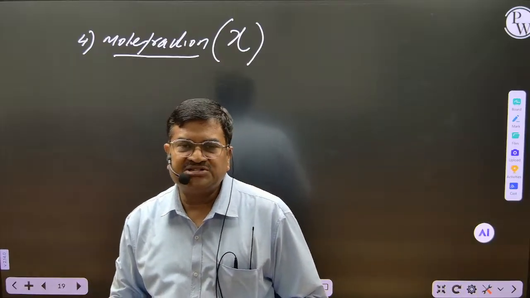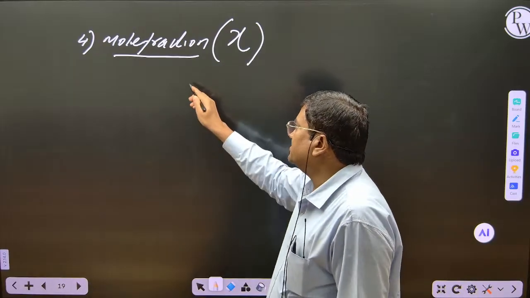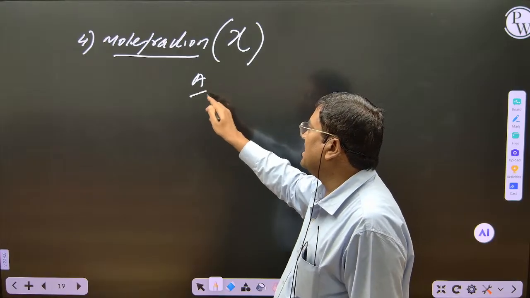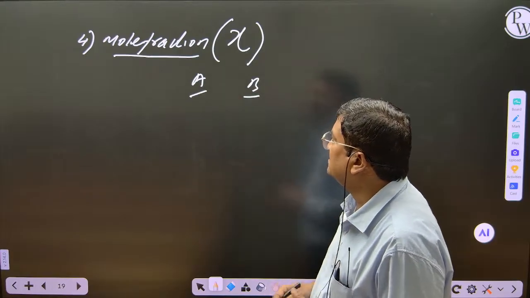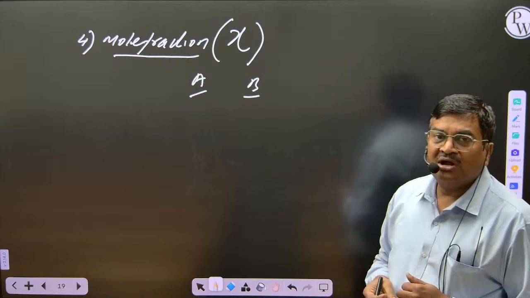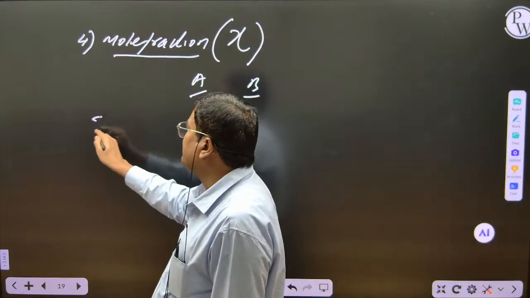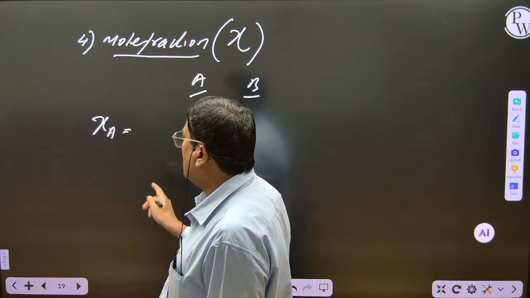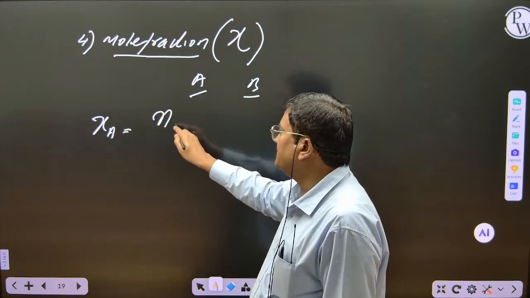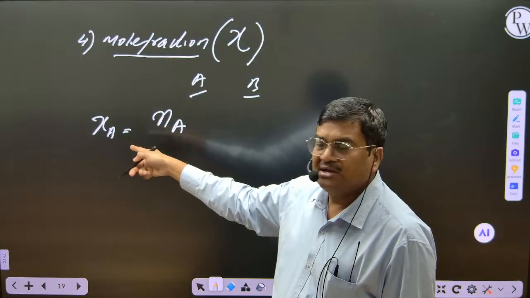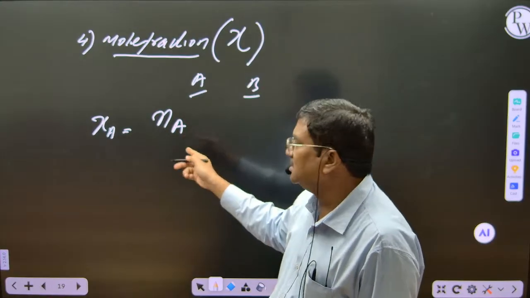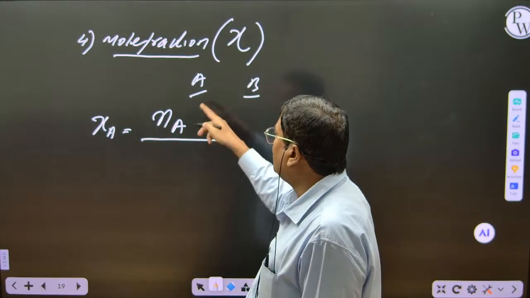What is mole fraction? See, simple, students. Suppose two components are there for me, A component and B component. Now, in this, I want the mole fraction of A. In order to get the mole fraction of A from these two components, how do I get it? The number of moles of A component is to be taken in the numerator, divided by the total moles of all the components.